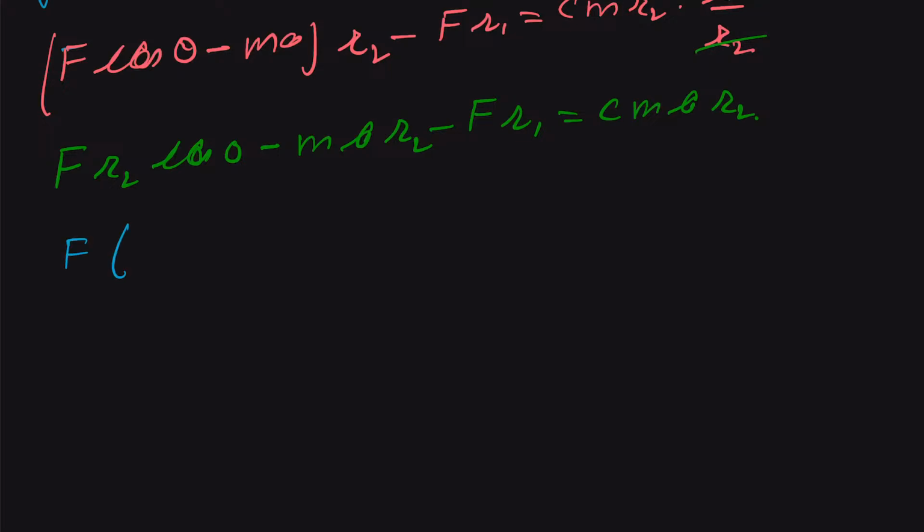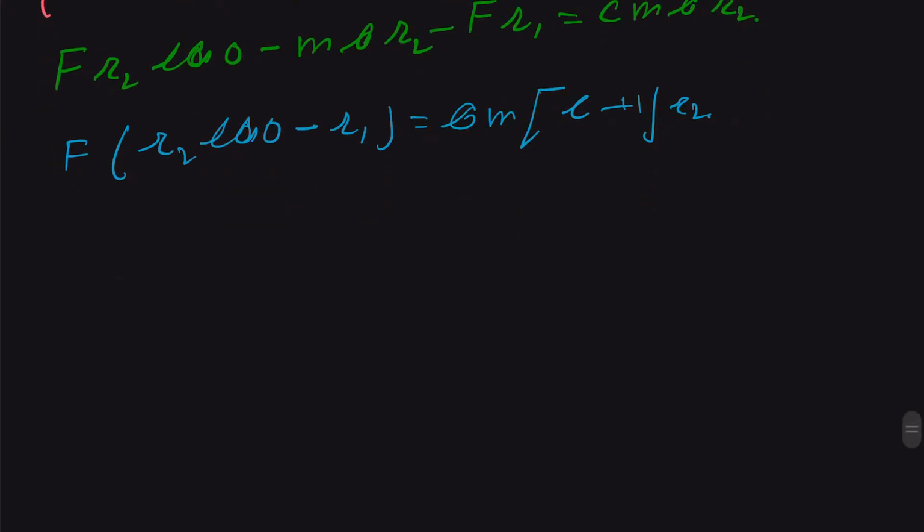So F times R2 cos of theta minus R1 on the left, and on the right side we take MA as common, so this comes as A multiplied by M times C plus 1 times R2.